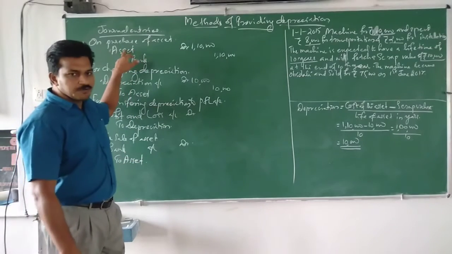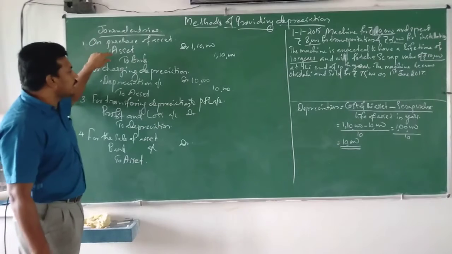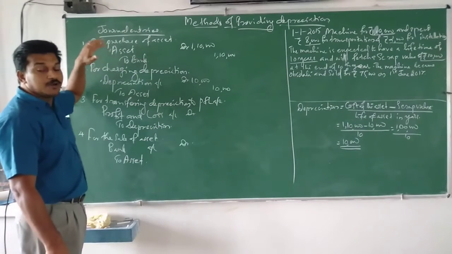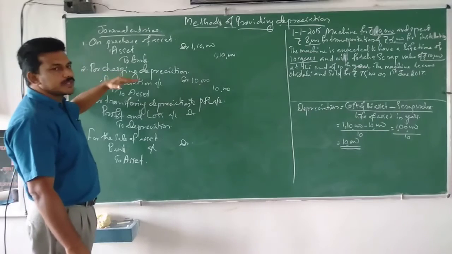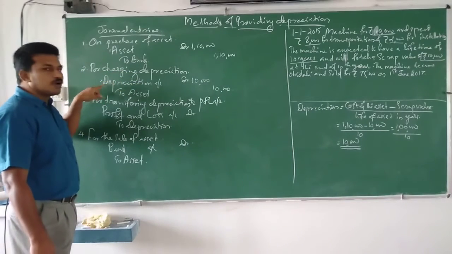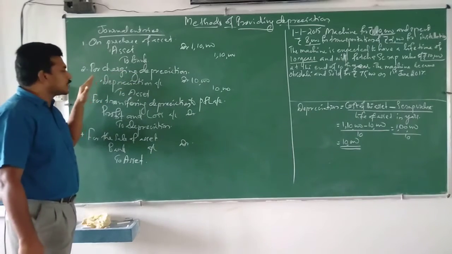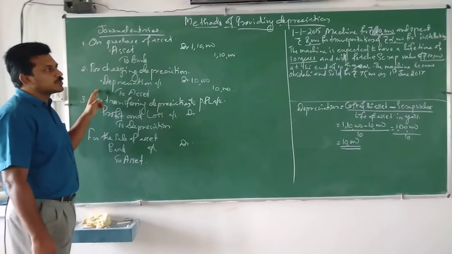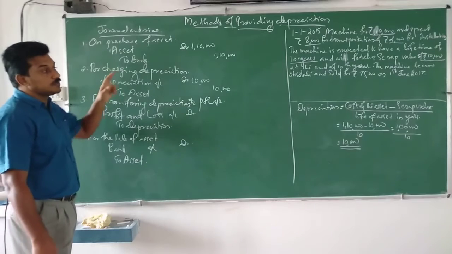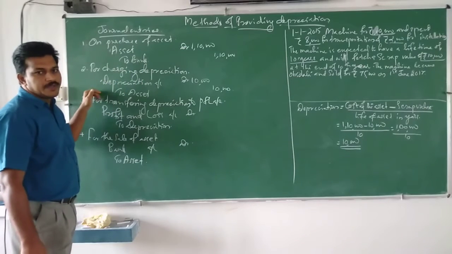So in the first year we will write the journal entry, asset account to bank, for the purchase. In the first year we will also make the depreciation entry at the end of the year, depreciation to asset, that means on 31st December 2015.